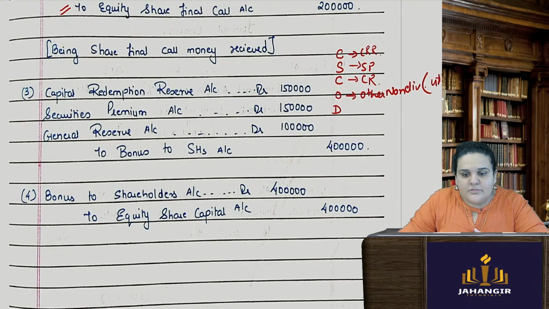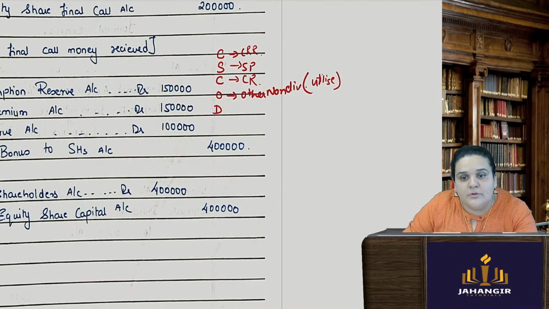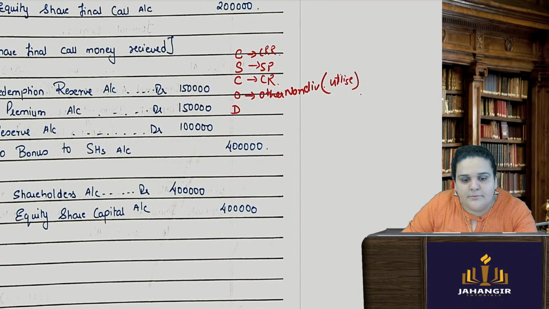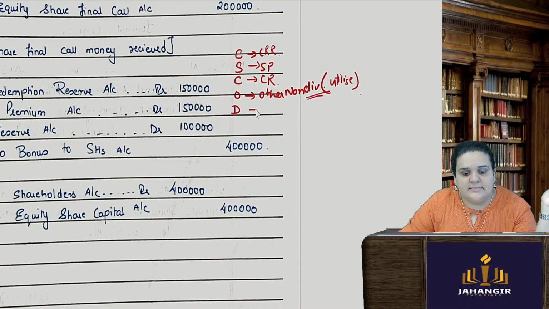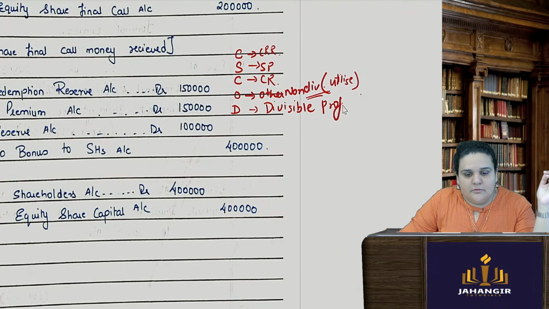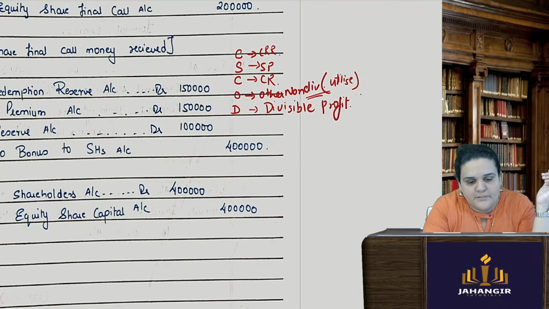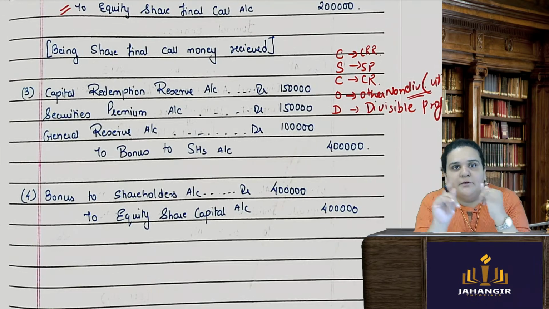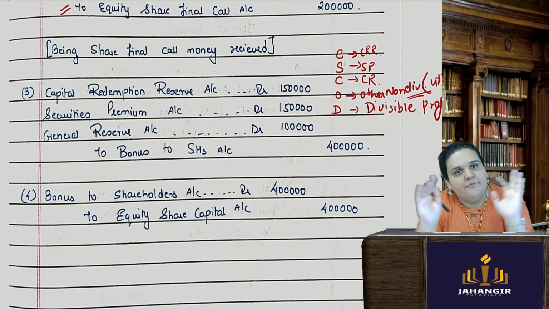If they have not told us to utilize them, you cannot use them. And then last are the divisible profits. This is generally the way reserves are used for the purpose of bonus, but mostly it is from CRR, securities premium and free reserves.